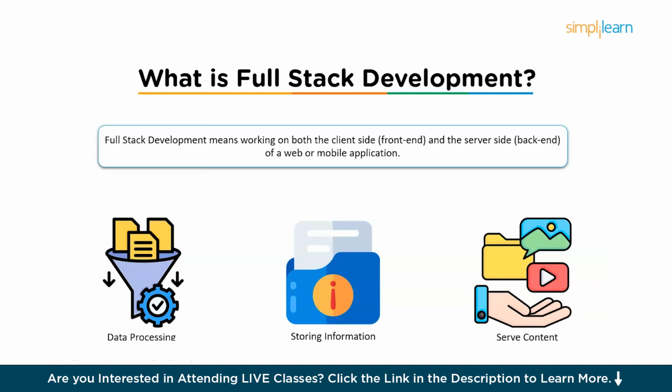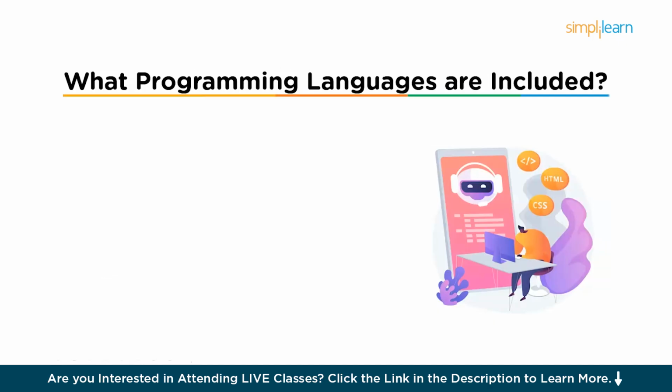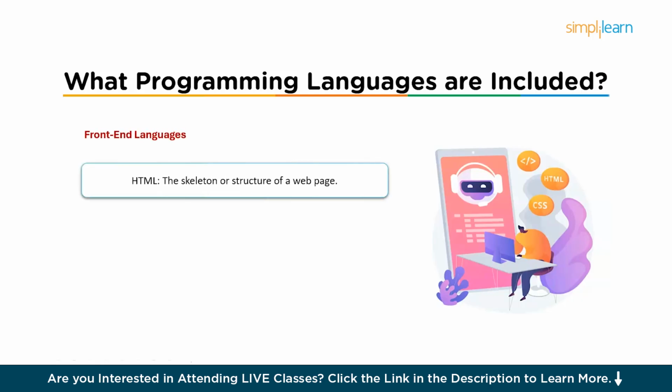Let's now move on and understand what programming languages are actually included in full stack development. Full stack developers use a mix of languages depending on the project. But commonly, we have the front-end languages. HTML is basically the skeleton or the structure of a web page.